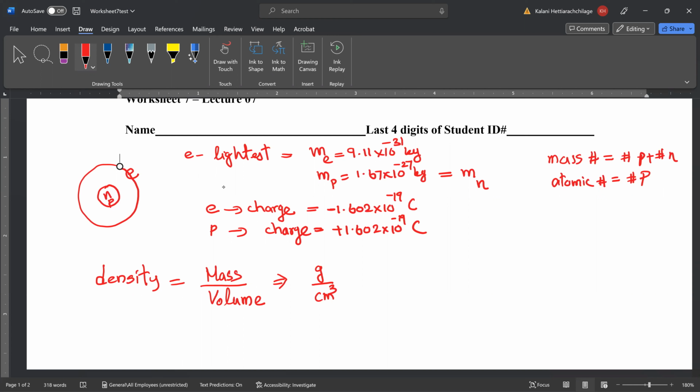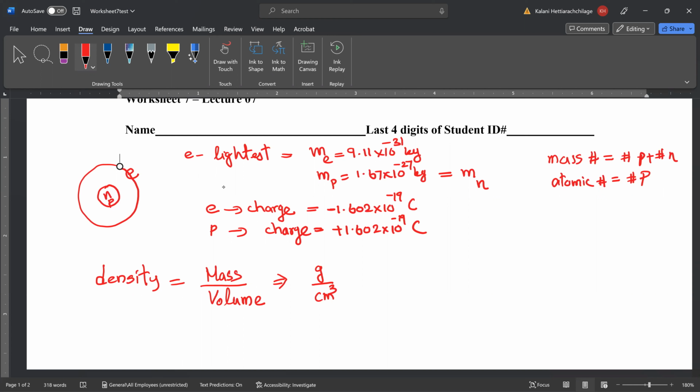Again, density will increase when the mass increases while keeping constant volume, but density will decrease when the volume increases if you keep mass constant. Those are the important points inside this formula.